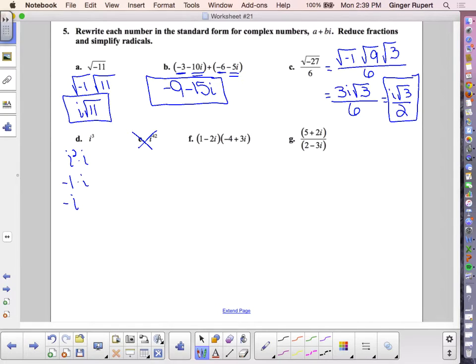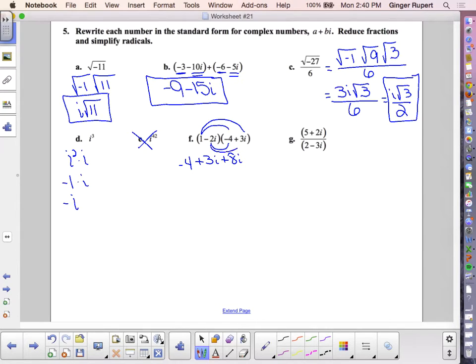Okay, F asks us to FOIL or multiply these two complex numbers. So FOIL it. First, 1 times negative 4 is going to be negative 4. Outer, 1 times 3i is going to be plus 3i. Inner, negative 2i times negative 4 gives me positive 8i.